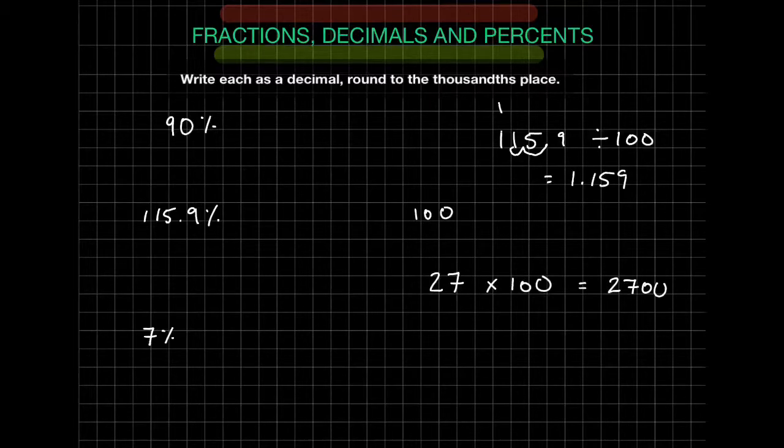If I take the number 1.159 and multiply it by 100, then I'm going to move this decimal back the other direction to get 115.9. So basically, if you're multiplying or dividing by a base number, you're just going to be moving it to the left or to the right, depending on how many zeros are in that base number.